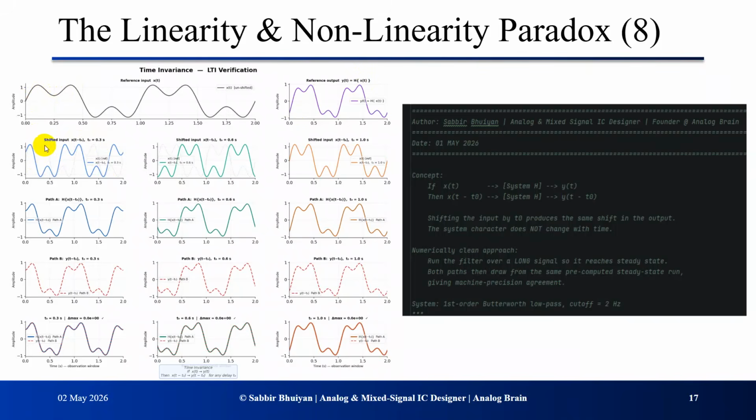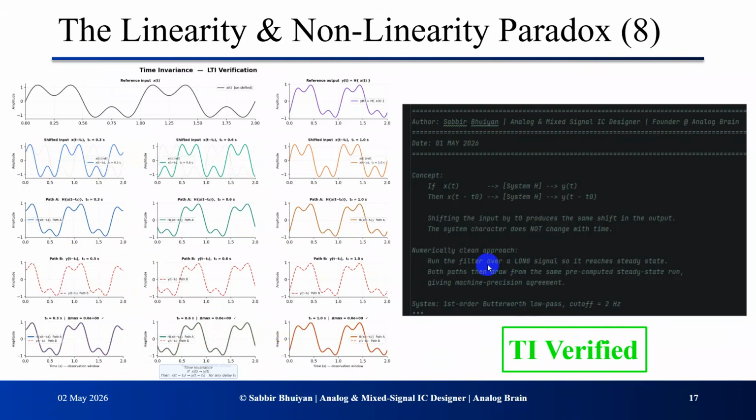This was the original signal, and this is the shifted signal. So this peak is shifted here. And this is the ultimate result. This is path A, this is path B, and this is the ultimate overlay. So we can say our TI is verified.